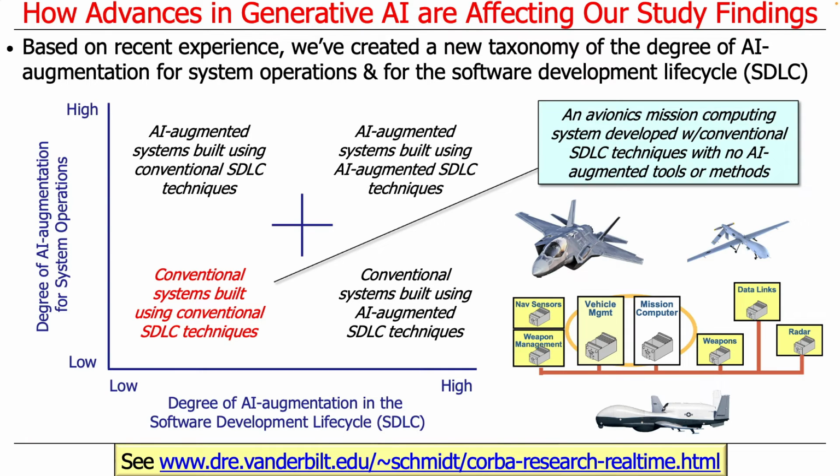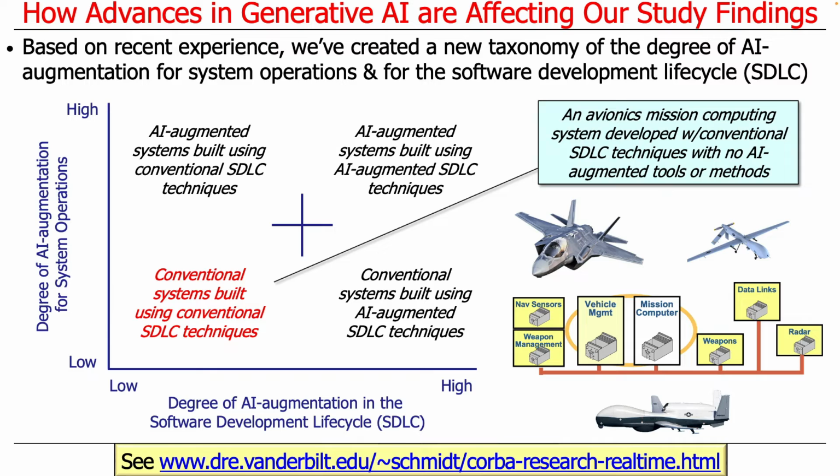It's probably fair to say that 99% of software systems built today are conventional systems built without using AI in their development, and they don't really use much AI in their operations. A good example of this, which I have a lot of experience with from the research I've done here at Vanderbilt and also at Washington University in St. Louis, also at DARPA, other places, is avionics mission computing systems.